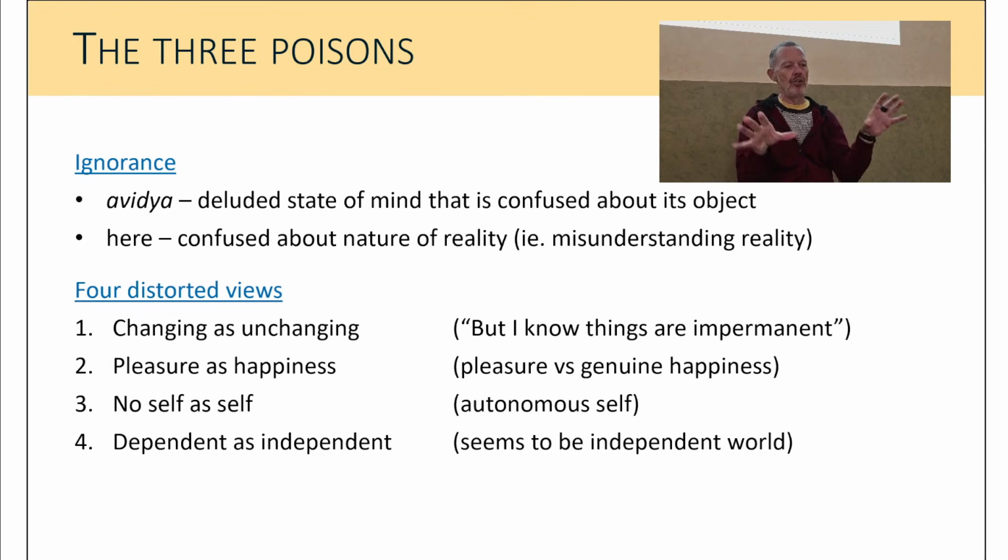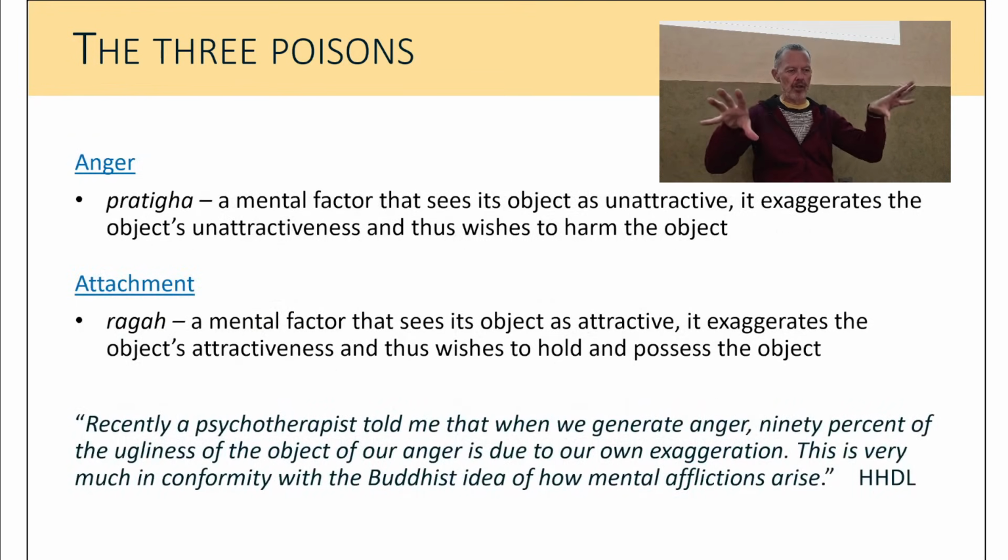But let's now go to the other 3 poisons, because that's the main topic now for the rest of today and tomorrow morning. And that is anger and attachment, or often aversion and attachment. But again, here, often instead of aversion, we have anger listed as one of the 3 poisons because it's a strong type of aversion that gets us into a lot of problems.